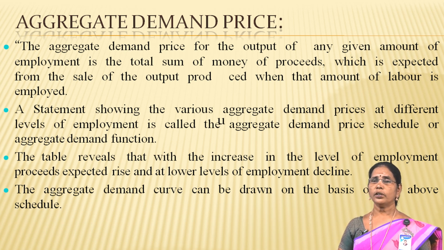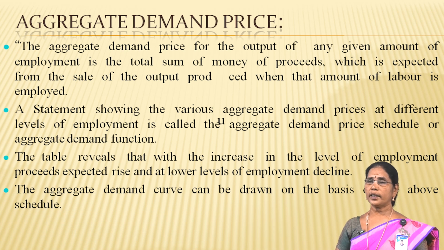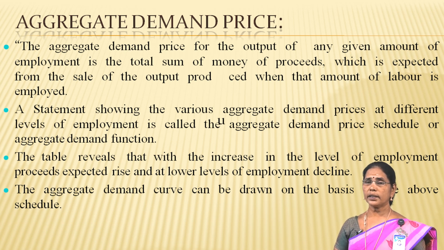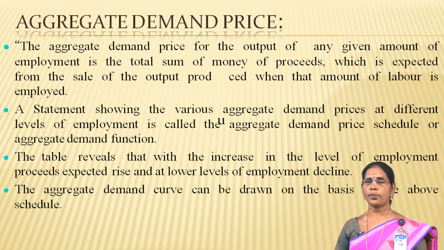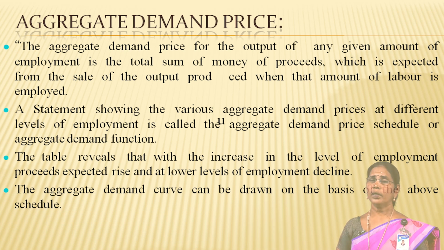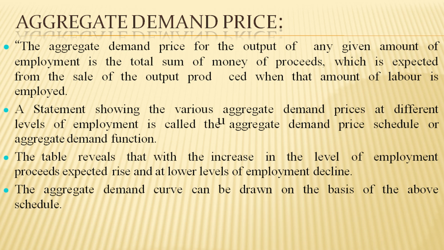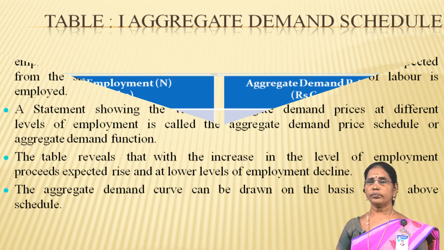A statement showing the various aggregate demand prices at different levels of employment is called the aggregate demand price schedule or aggregate demand function. The table reveals that with the increase in the level of employment, expected proceeds rise, and at lower levels of employment they decline. The aggregate demand curve can be drawn on the basis of the above schedule.